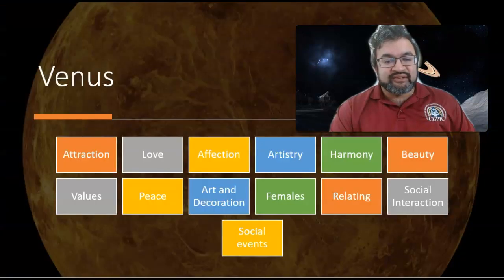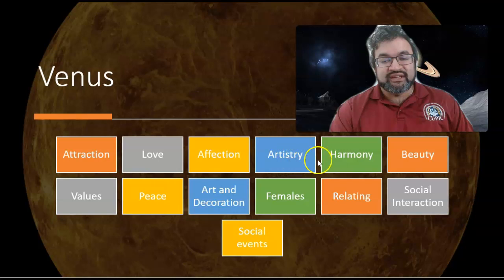So the next one down is Venus, and Venus is attraction, love, affection, artistry, harmony, beauty, values, speech or peace, art and decoration, females, relating, social interaction, and social events.